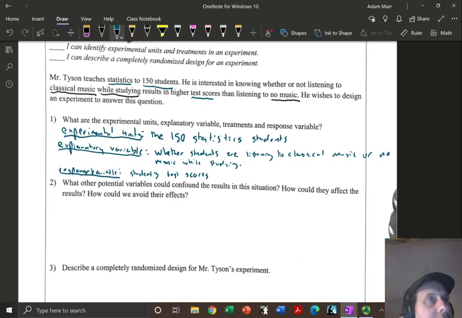So we wanted to say, forgetting that it's only statistics students, what other variables could be confounded here? Well, let's see. We're talking about classical music, right? I'm assuming that any student that takes music or is in band might be more familiar with classical music than students that are not.